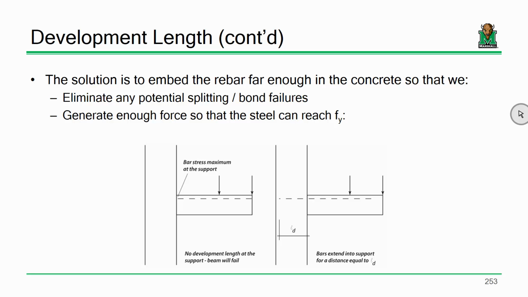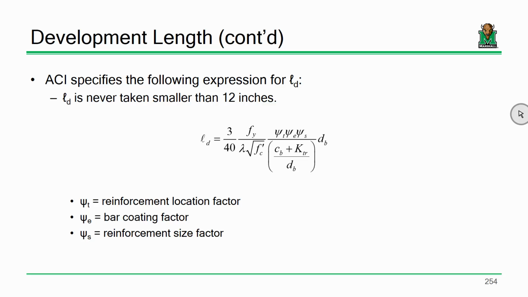So we put the bars on the top, but if we don't embed those bars into the adjacent column, what's going to happen? It's just going to fall off. So those bars have to go back into that column or adjacent element a certain amount to develop that capacity. That's what we're going to try and compute, L sub D.